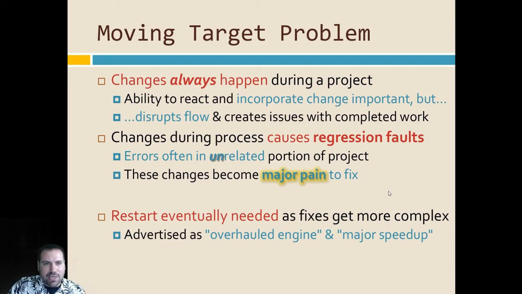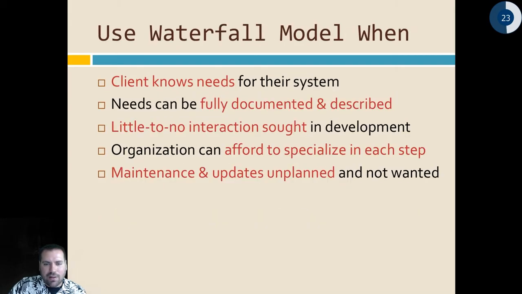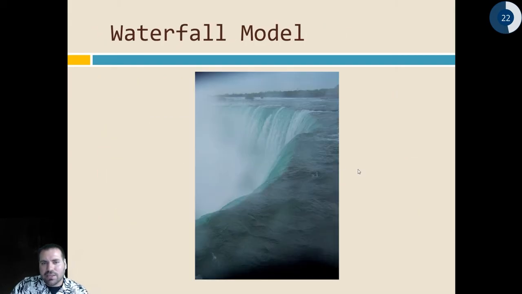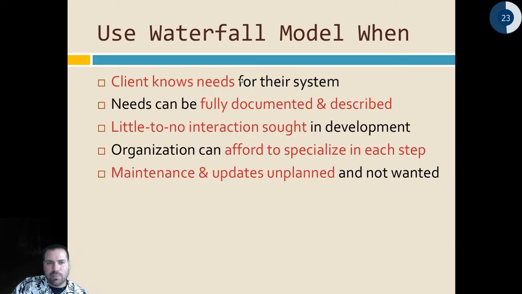Before I rag too much on Waterfall and on clients, there is one case where Waterfall is good, where all these things will be met. I used to rag on Waterfall a lot because it's so naive to think that Waterfall would be a good model. It is very good in certain situations.